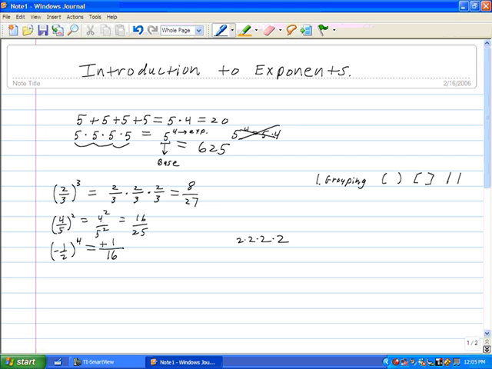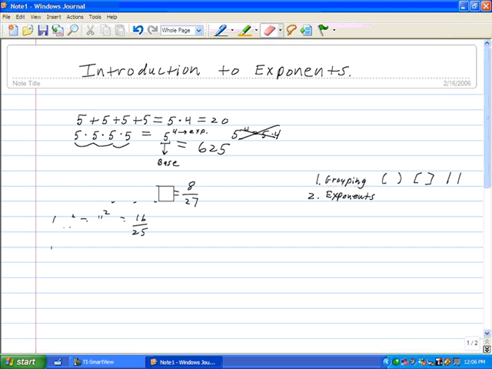Second, with your order of operations, that's where the exponents come in. So these exponents that we're working with are second on the list. If we were to look at an expression that contained exponents and were to evaluate it, then this would come right behind your grouping symbols.